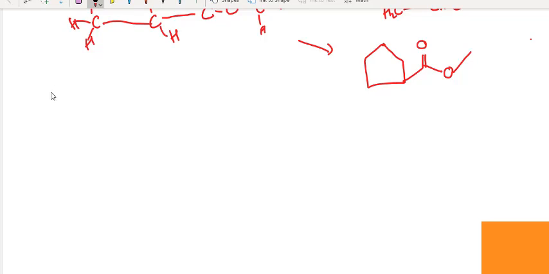Okay. So the third mistake that some of you did was not showing the double bond, although the structure obviously and clearly shows the double bond. Some of you did not show the double bond when you convert the structure. Okay, so let's say the structure is like this.